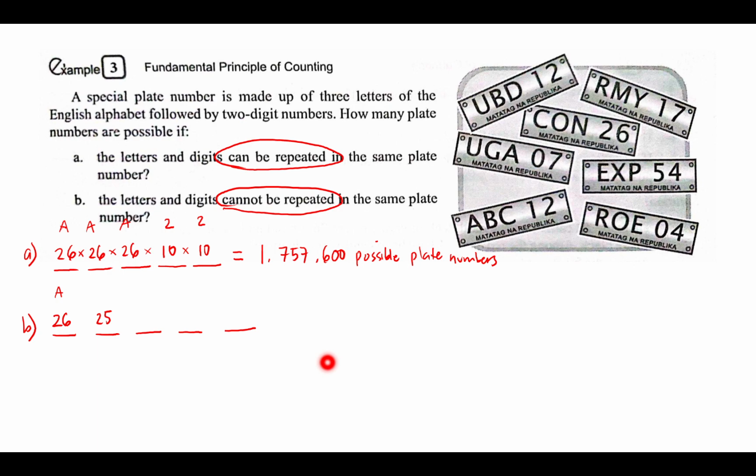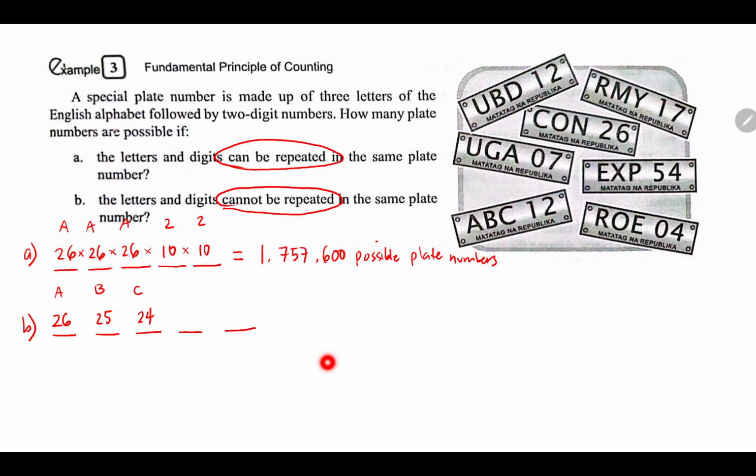Let's say for example here we choose B. How about for the third letter? For the third letter, we have 24. Why? Because A and B cannot be repeated, so we have two letters that cannot be used. If we have 26 letters, we simply remove 2. That gives us 24. Let's say this is C.